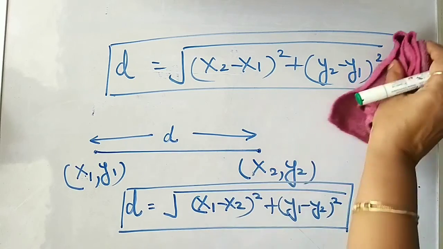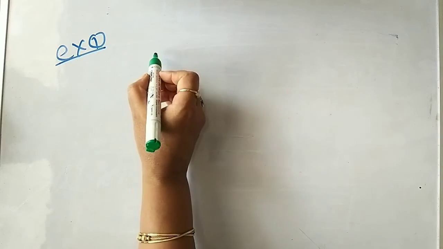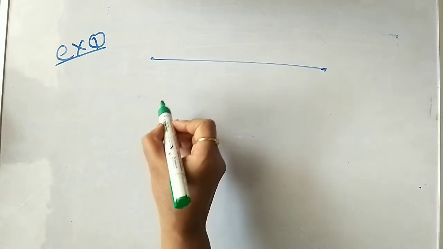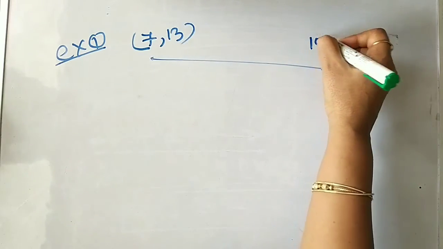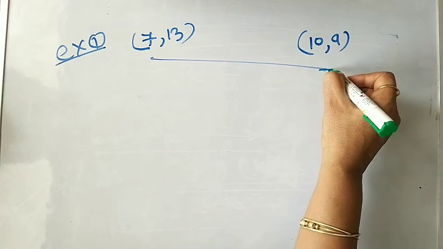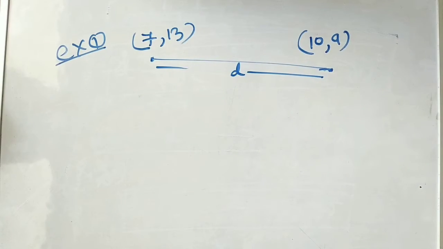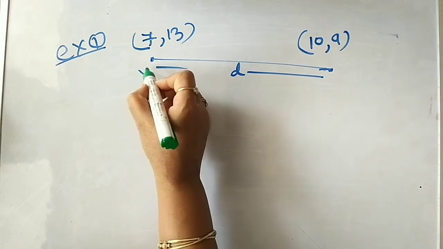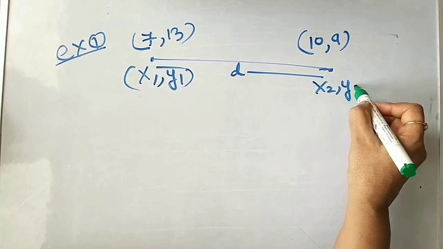Let me take the first question, example 1. They are asking, there are two points. The first point is 7, 13. The second point is 10, 9, and find the distance between these two points. To find that out, we will consider this as x1, y1 and this as x2, y2.